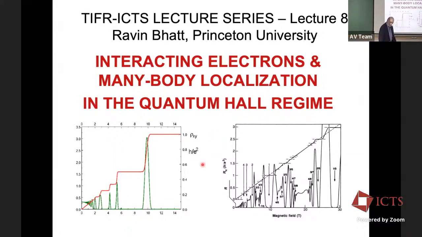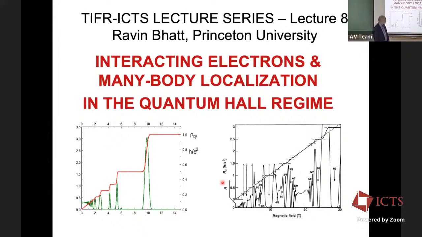When you have actual electrons with interactions, the quantum Hall phase diagram, shown here on the left, which is reproduced by non-interacting electrons in a disordered material with some weak disorder, not very strong disorder, goes into a much more complicated phase diagram when you put in electron-electron interaction.